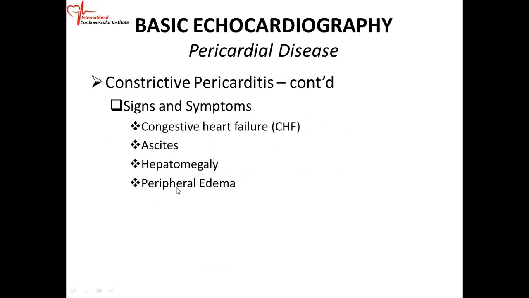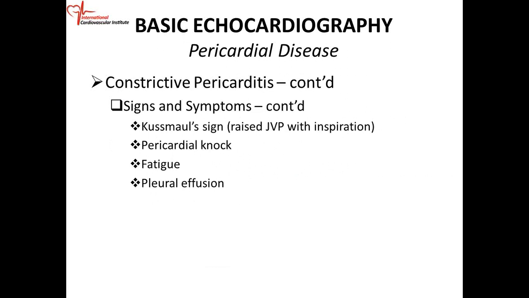Sometimes the leg edema comes all the way up to the thigh, and then they have what you call the Kussmaul sign. So what happens is, remember what we said with inspiration. With inspiration, you normally have increased blood flow to the right side of the heart.